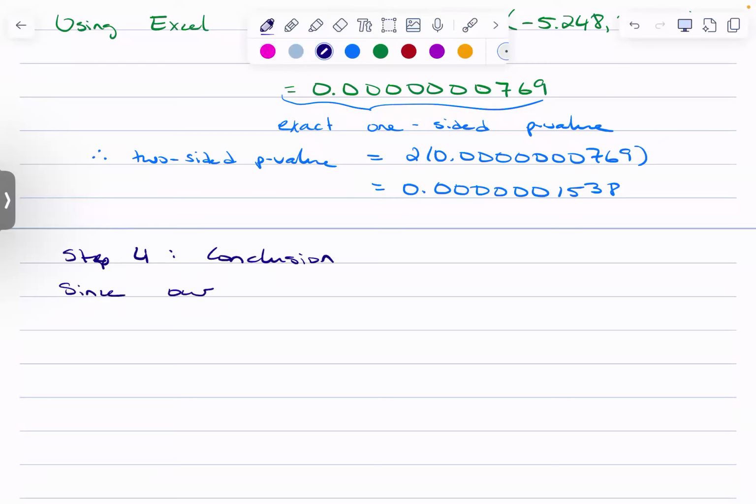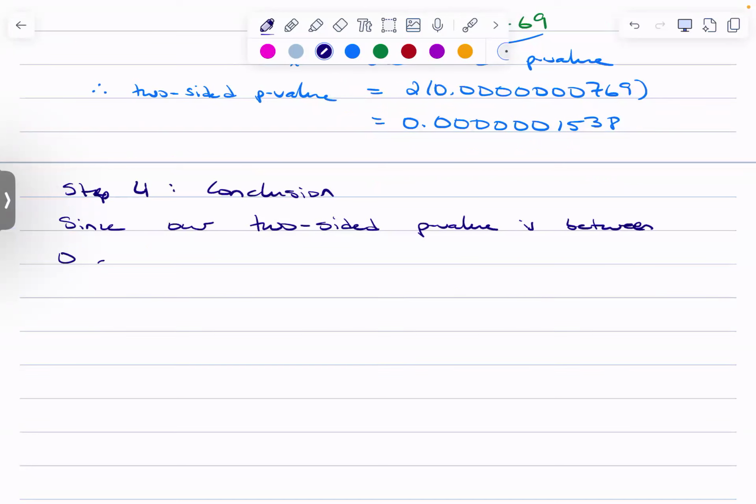Now this is your time to shine. Show off all the things that you know from doing the question, right? You know you had to find a two-sided p-value. You know what it is, right? So tell me all those things. So since our two-sided p-value is between 0 and 0.001, we can still compare that to 0.05, right?